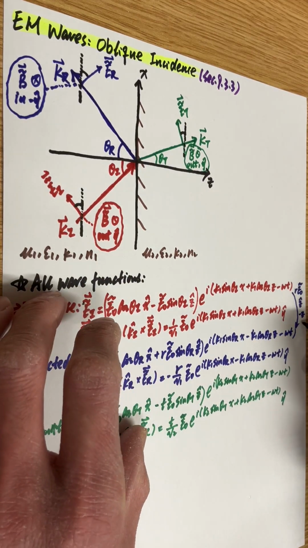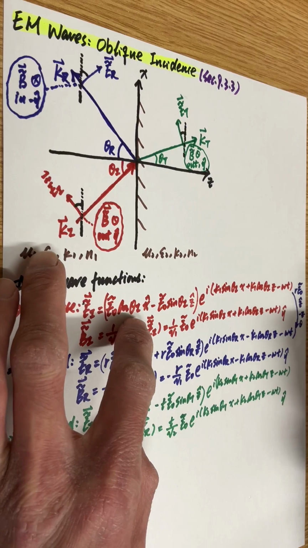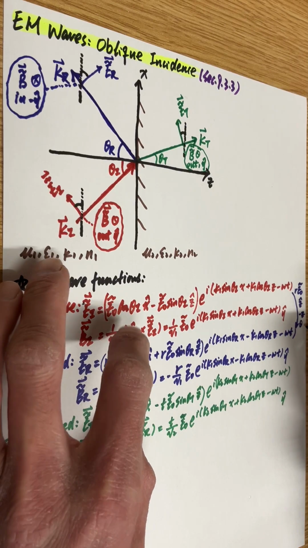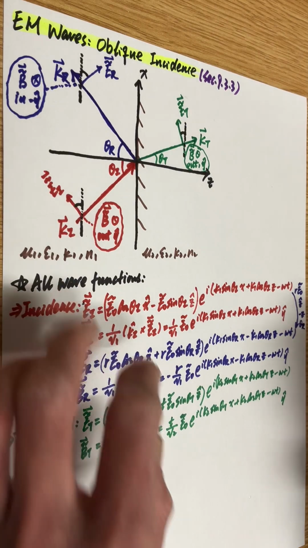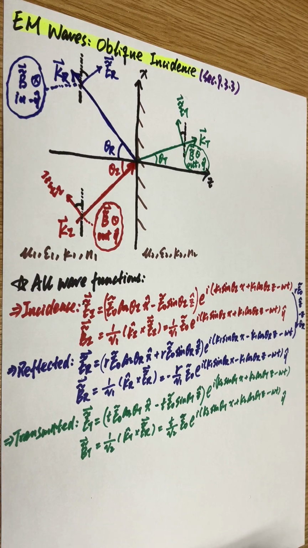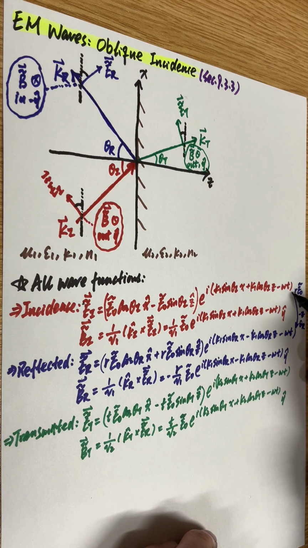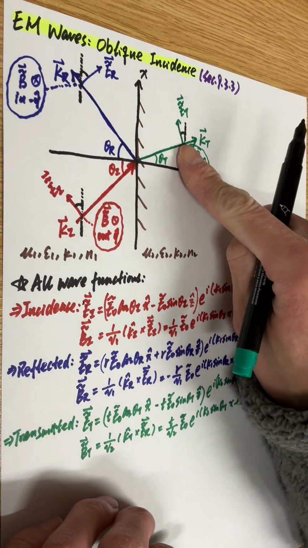Oh, and also theta I must be replaced by theta R. And similarly, we have from here to here, from here to here.